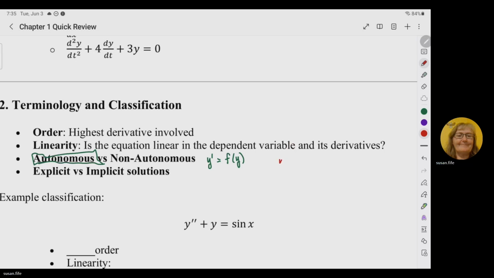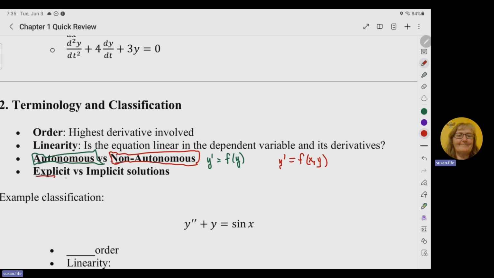Otherwise, if the derivative is equal to a function of both x and y, then it's non-autonomous. Or basically, if you can't write the derivative in terms of just the function of the dependent variable.